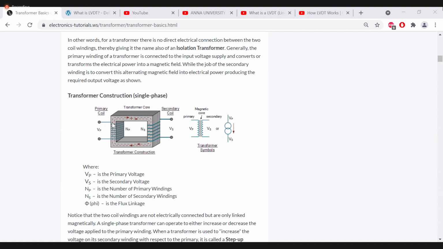That means even though we have primary coil windings on the transformer core, in between the primary and secondary we have an insulation cover. That means the primary coil and core do not have direct contact. The secondary coil and core do not have direct contact.